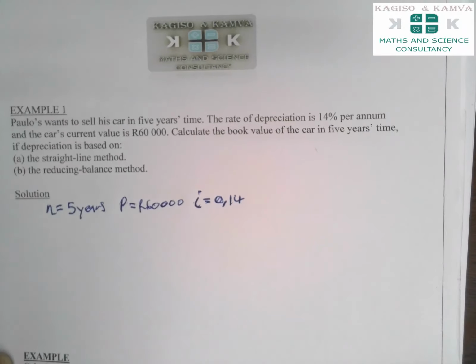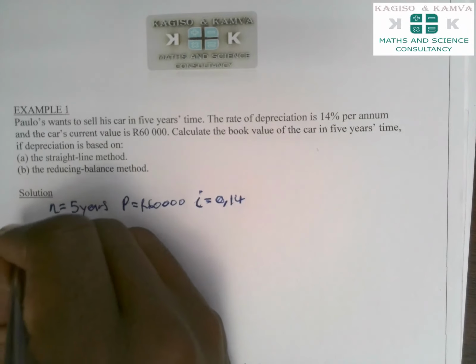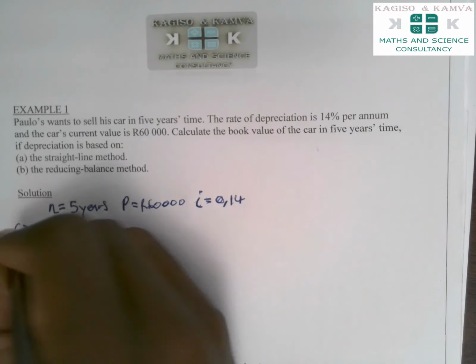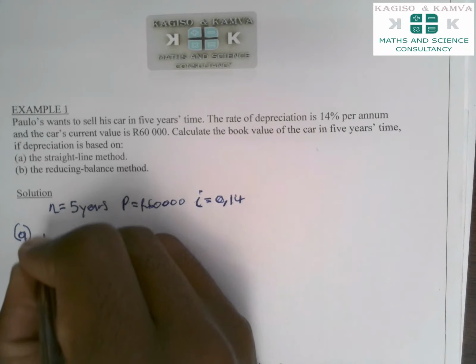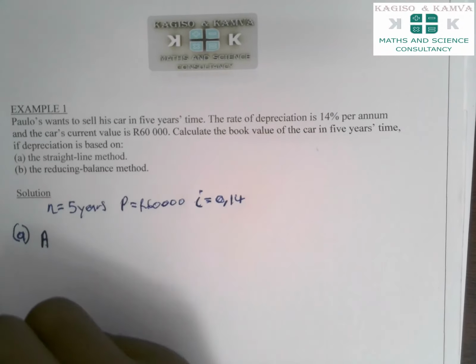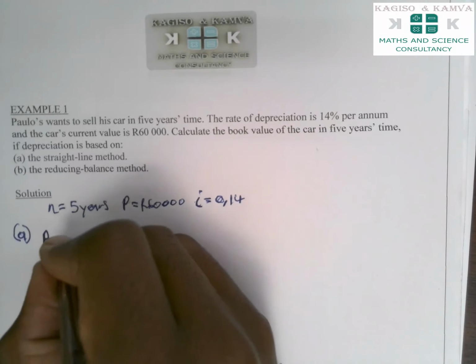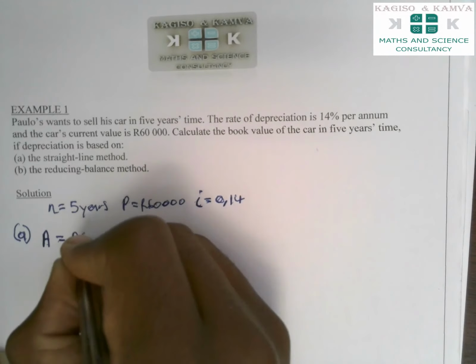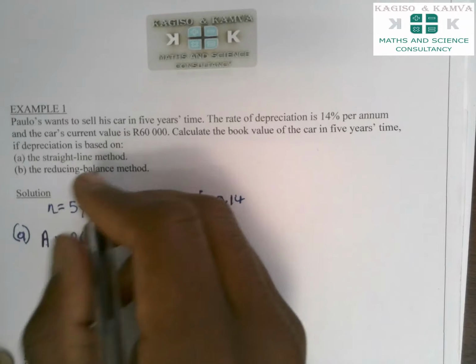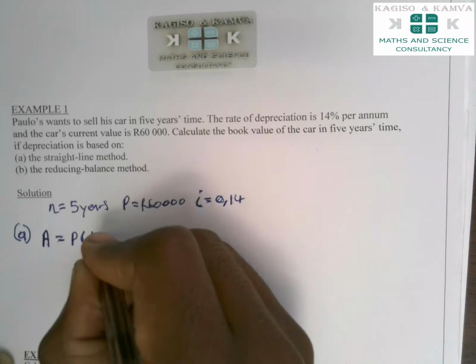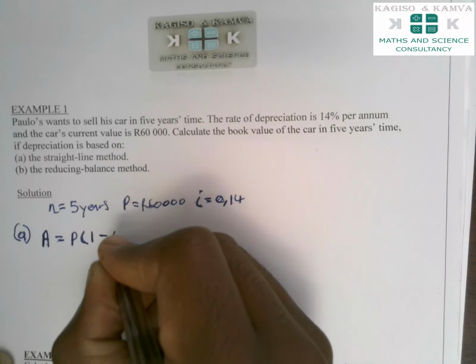Now for A, which is the straight line method. A, which is the book value, is equal to P. This is the same as simple interest, but we don't have a positive, we've got a negative.